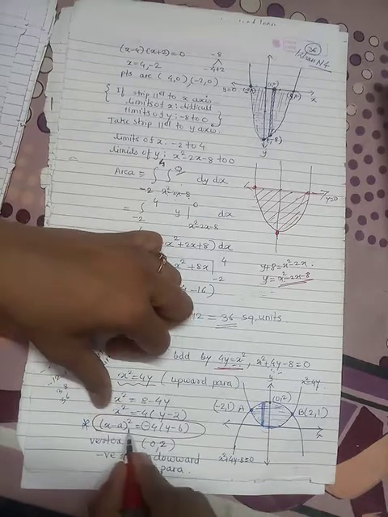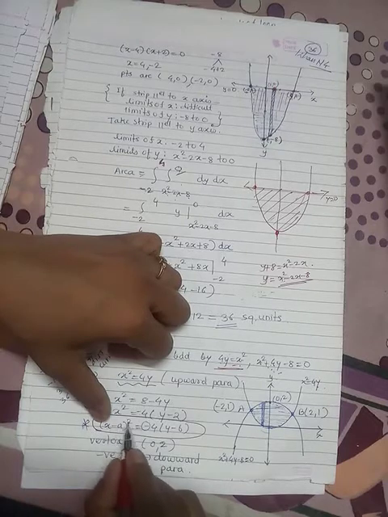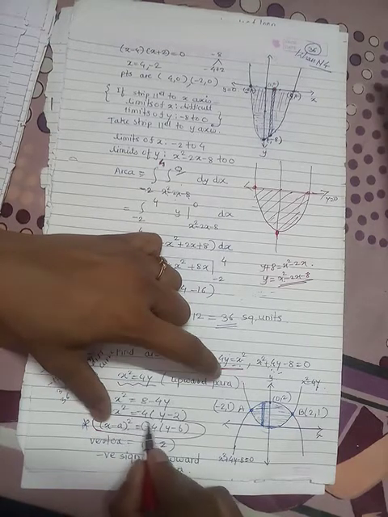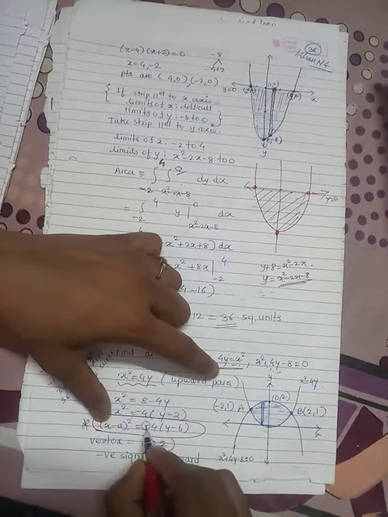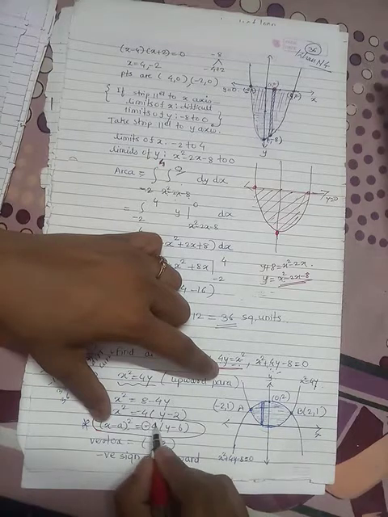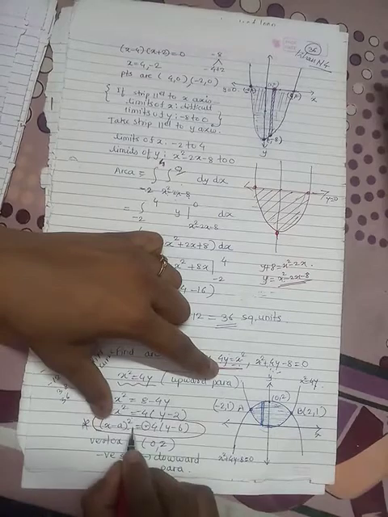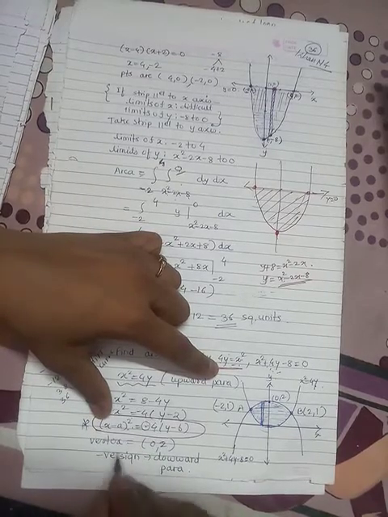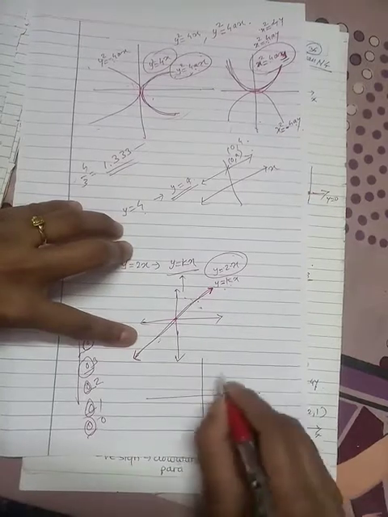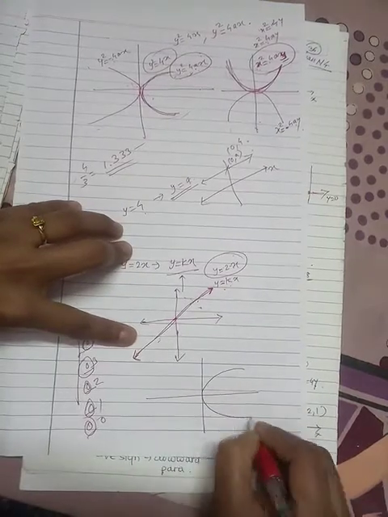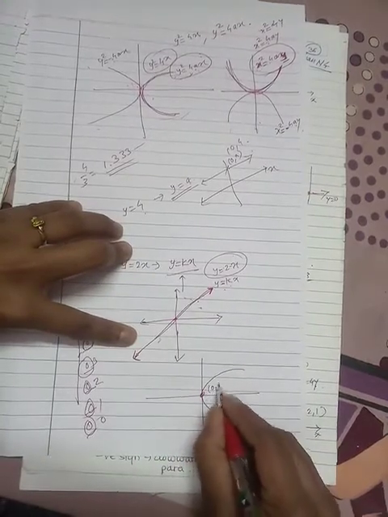Here, if this type of equation is given, x minus a bracket square equal to a negative number into y minus b, then this is a parabola with vertex. Vertex means this is your vertex 0, 0.